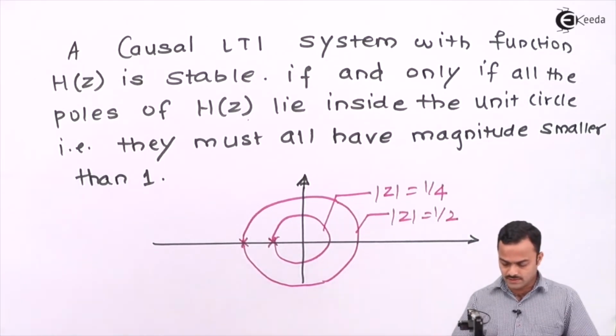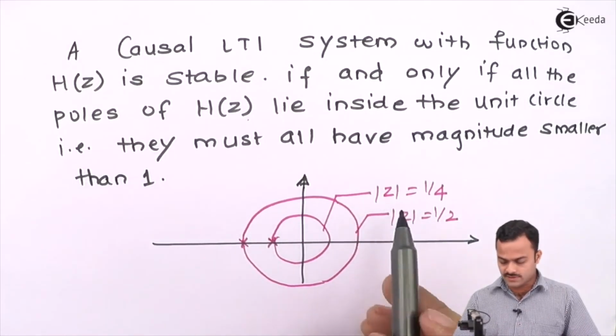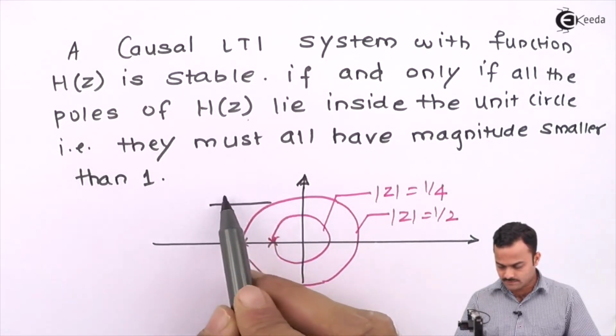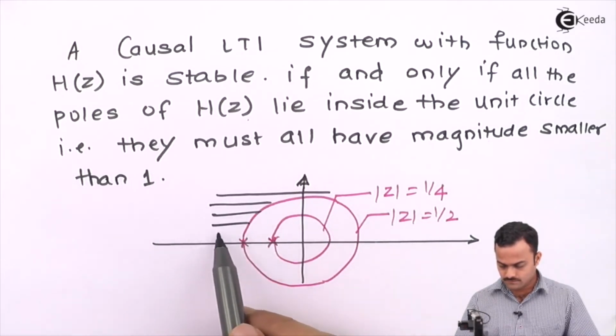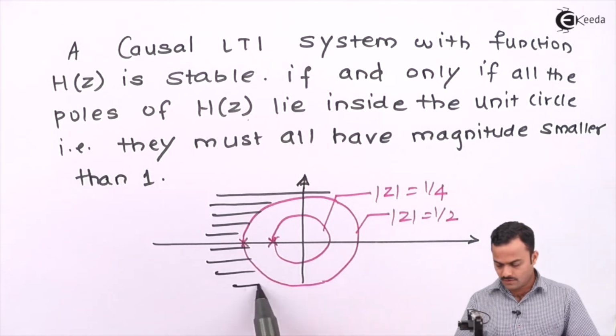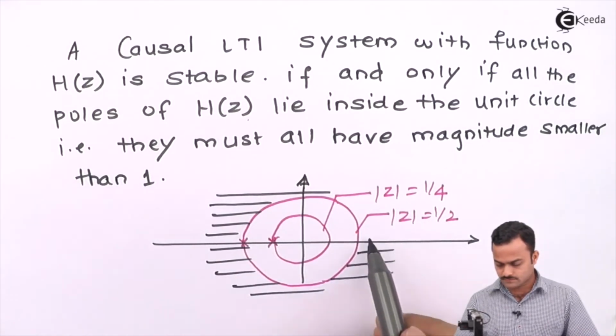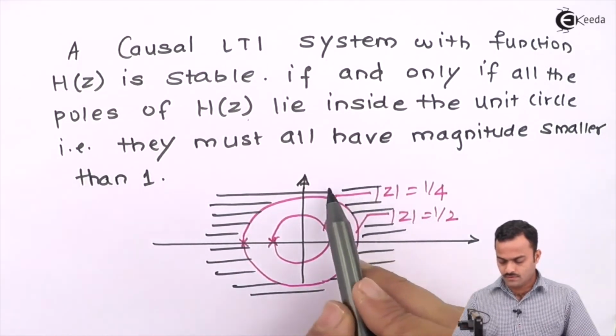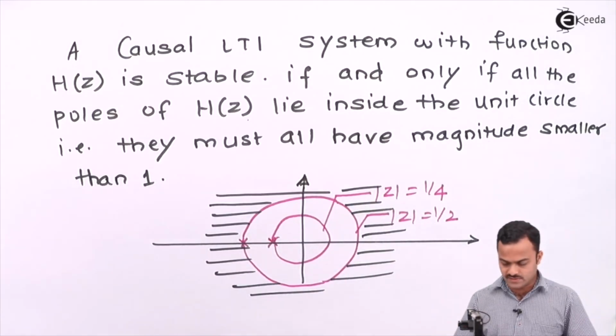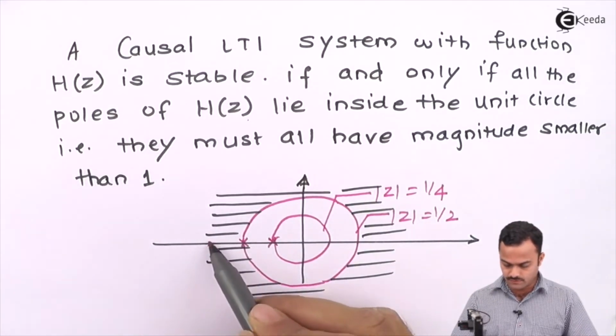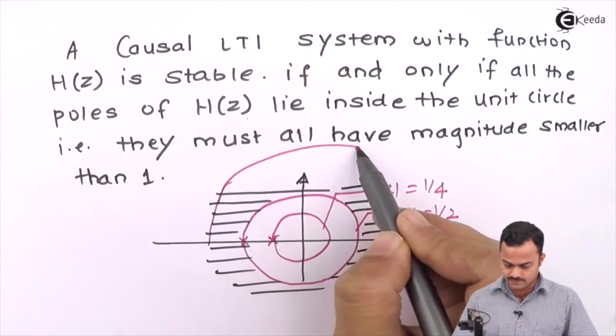So obviously, to get a causal system, the ROC will be like this, outside the outermost circle, and this ROC includes one circle which is mod z equal to 1, like this.